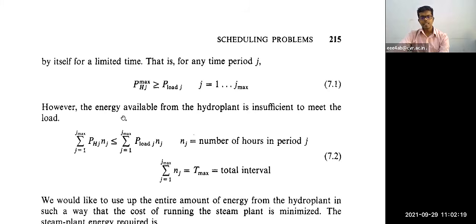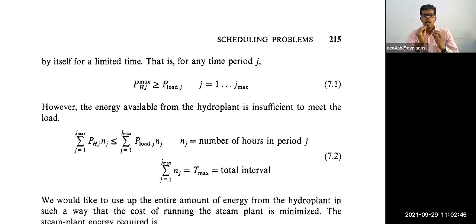However, the energy available from the hydro plant is insufficient to meet the load. You can generate for 24 hours, but based on the amount of water in the dam, there will be some forecasting. So this much TMC of water is available in the dam.